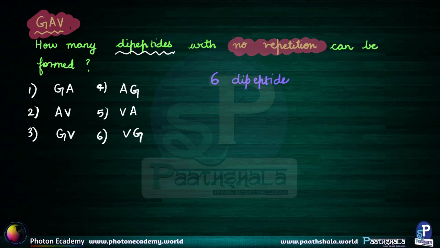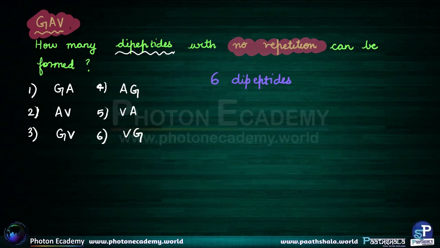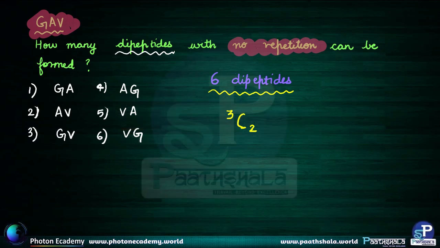Now, moving on, there is another simple formula for calculating these dipeptides, and that is 3C2. Now, 3 is the number of monomers that is given to us, which you can see is G, A, V. 2 is the dipeptide, so we take a 2 over here, and since it can combine in two different ways, we multiply it by 2.